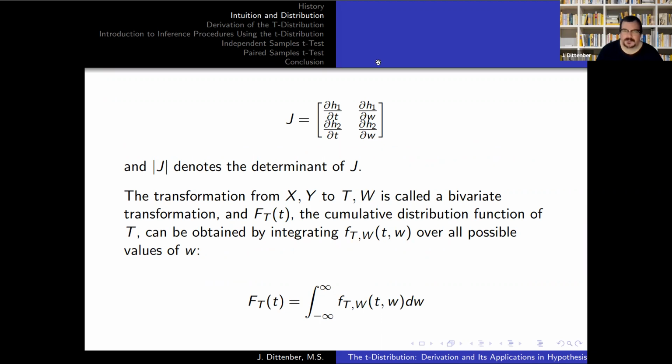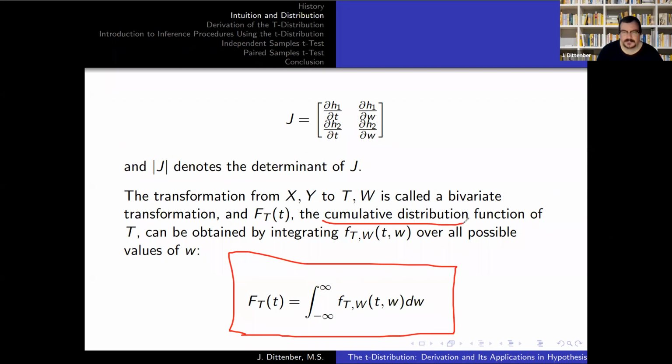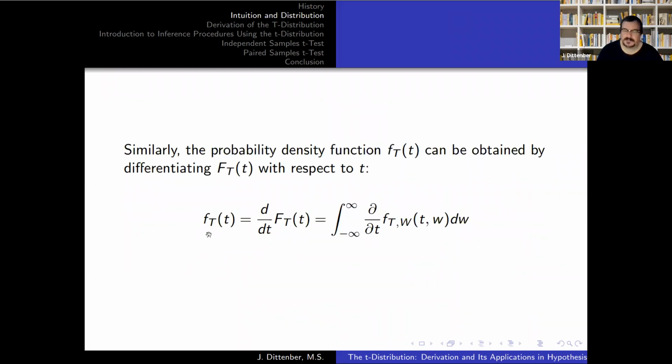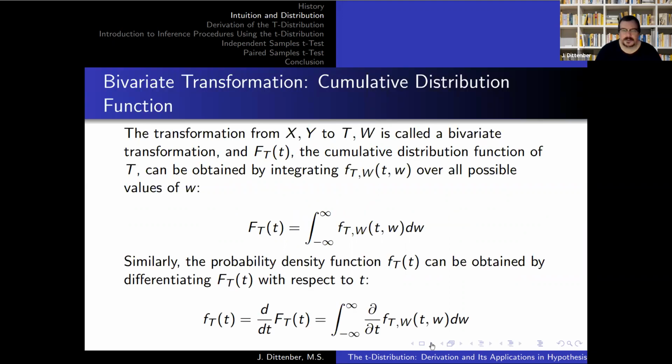Eventually, like I mentioned, the idea is that we're going to get this expression, which is the CDF, and then upon using the fundamental theorem of calculus, we can get the PDF, which is f sub t of t. That will be our probability density function for the t distribution. So I think that's going to be it.